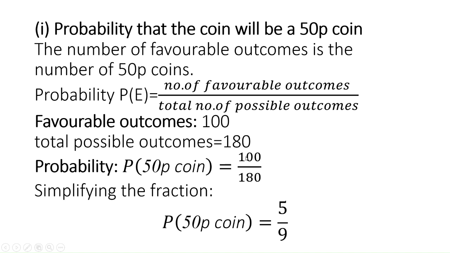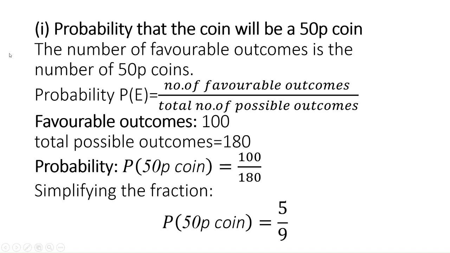Simplifying the fraction, 100 by 180 becomes 5 by 9. So 5 by 9 is the probability of getting a 50 paise coin when the kiddy bank is turned upside down. Here the probability becomes 5 by 9 for this event.